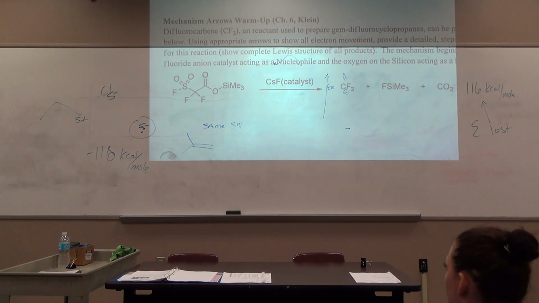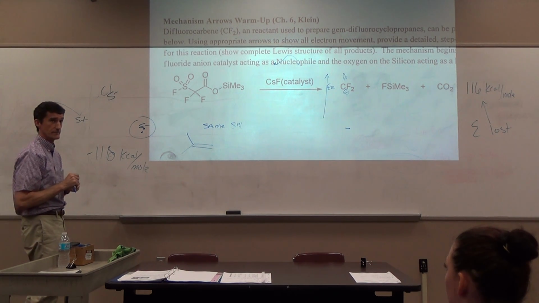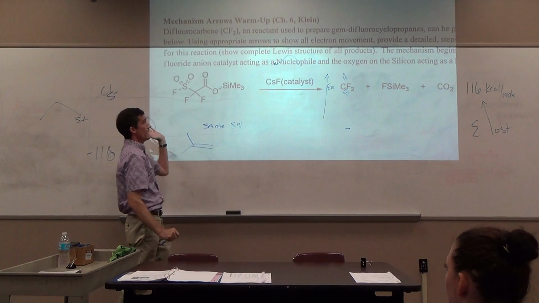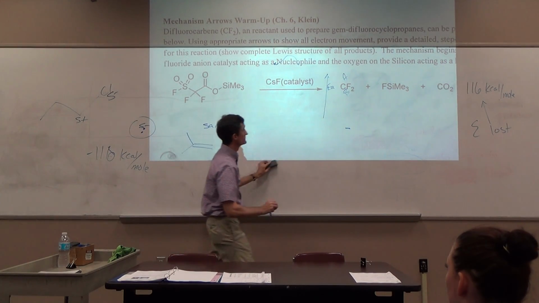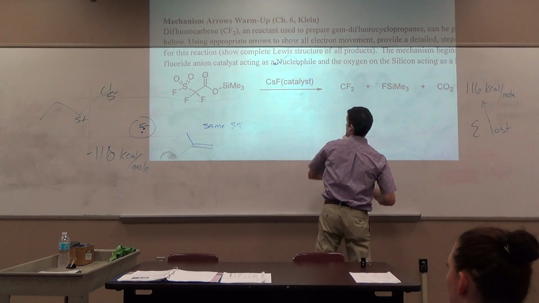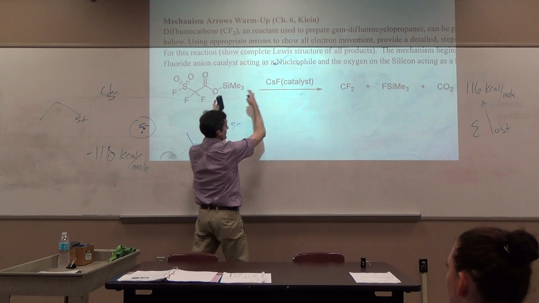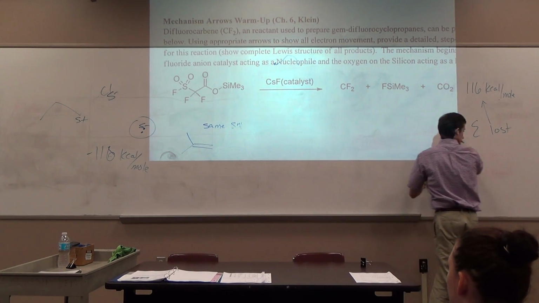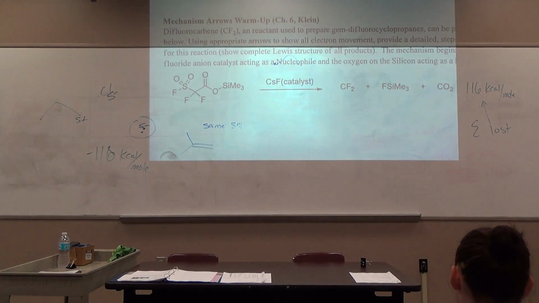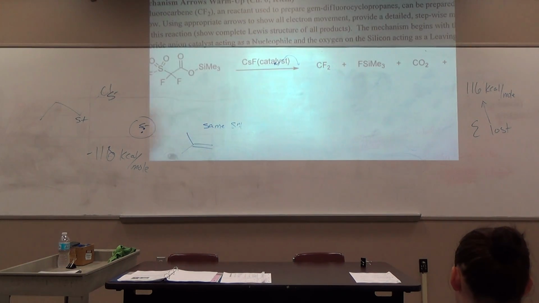I'm recommending you look in the textbook, or on Wikipedia, or look up arrow pushing. You will see a little bit of information about using arrows to push electrons. Here's a basic example. In this example, I've got a reactant and lots of products. There are 4 of them. Show a mechanism for all that.